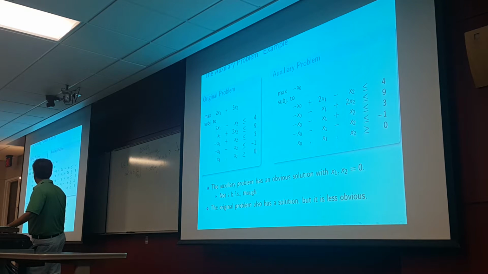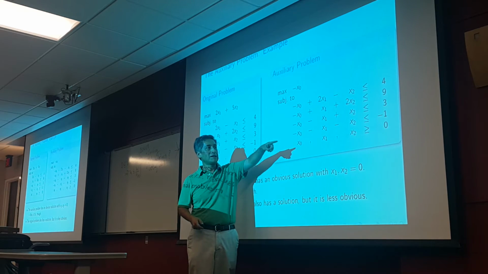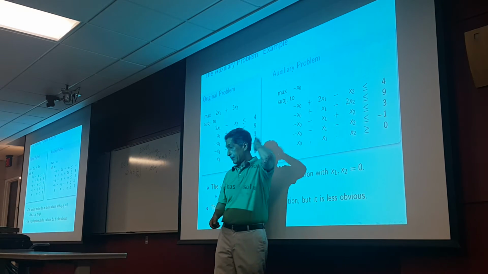What choice of x0 would I have to make so that this is feasible, if I choose x1 equals x2 equals 0? Minus 1? It can't be minus. 1. If I make x0 equal to 1, I have a feasible solution for this problem.